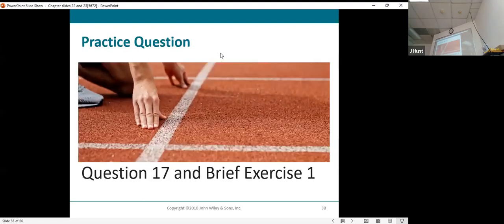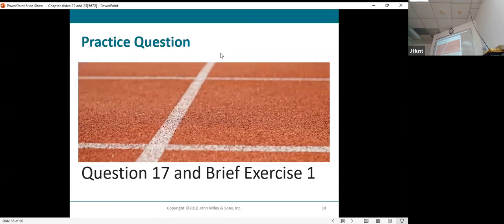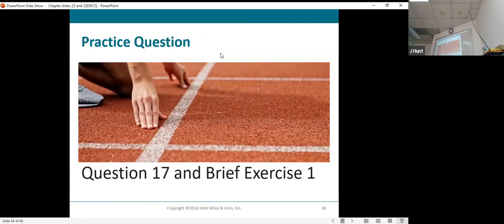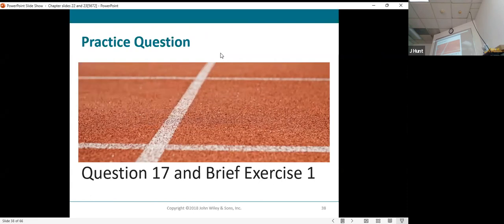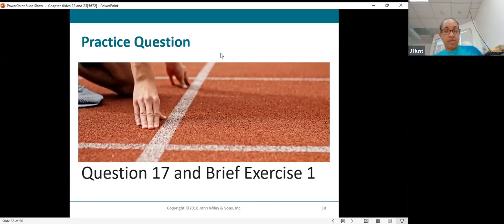I want us to do an exercise from the text, because this is going to help us determine if we're clear about which sections things go in. So question 17, I'm going to switch to the text. Let me make sure I got it up.